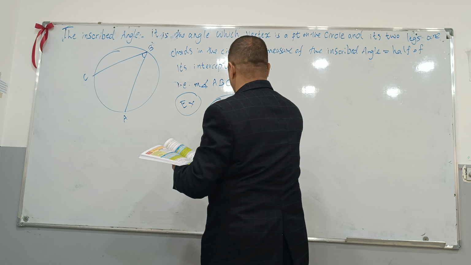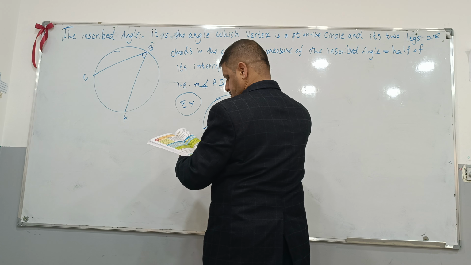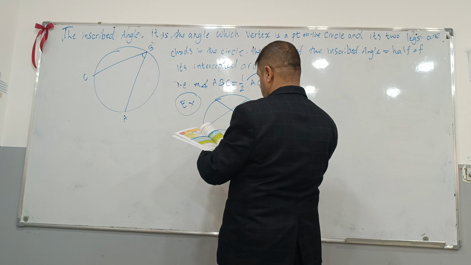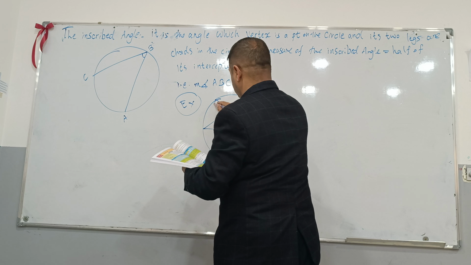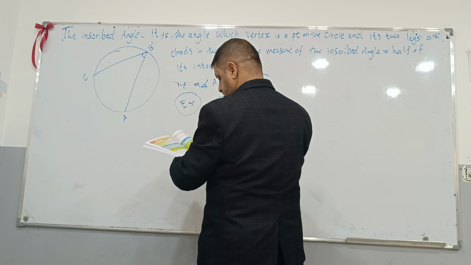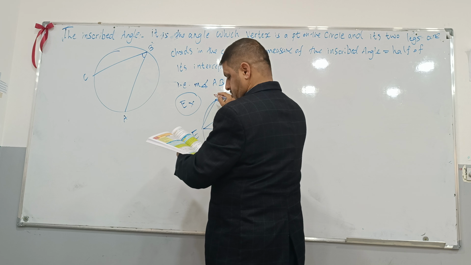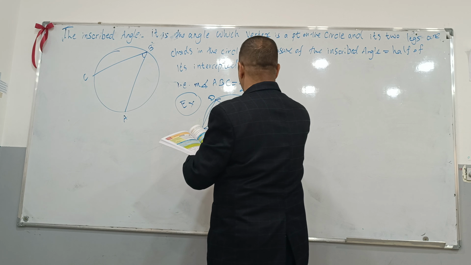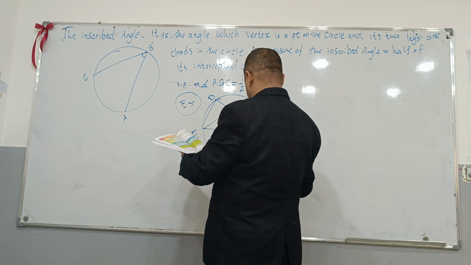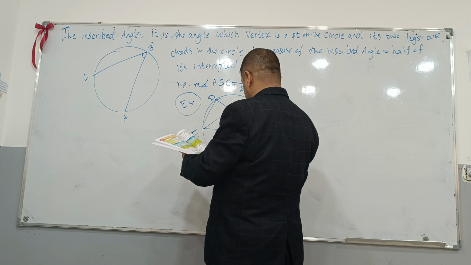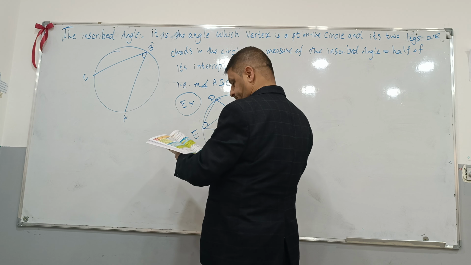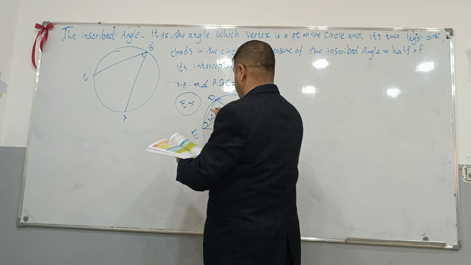I have this and this line, and here is a point E, D, B. Here is A. Here is C. Here is 140 degrees, and here is 30 degrees.